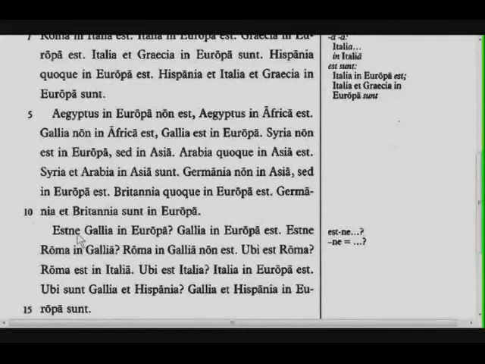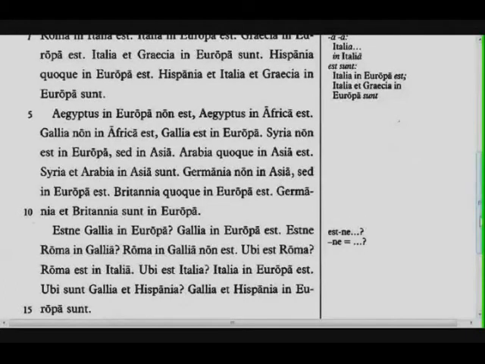Ne doesn't mean anything on its own. It is a Roman question mark. They put their question mark at the beginning of a sentence, to let you know that it was a question, by adding this ne to the verb. So do not try to translate that as a different word. Gallia in Europa estne, is France in Europe?